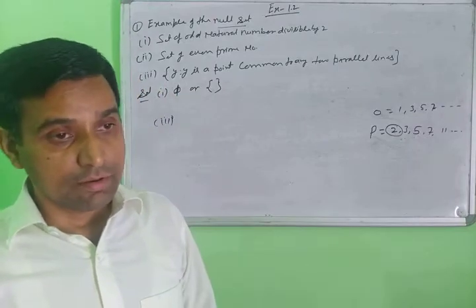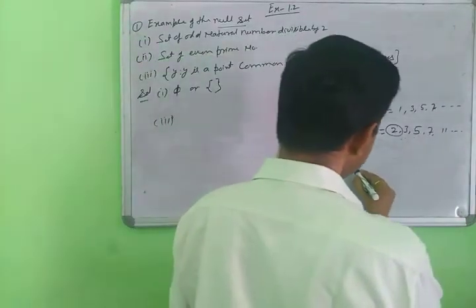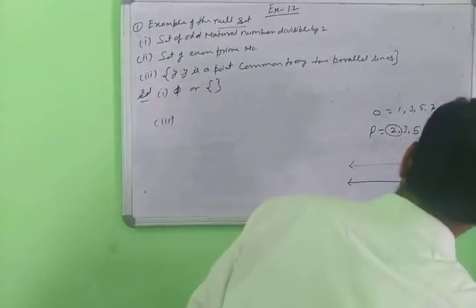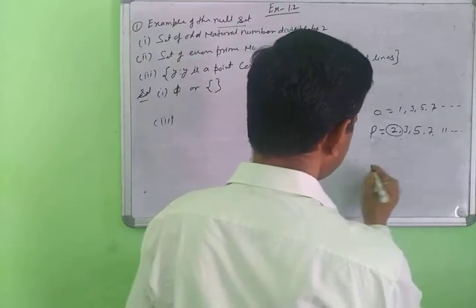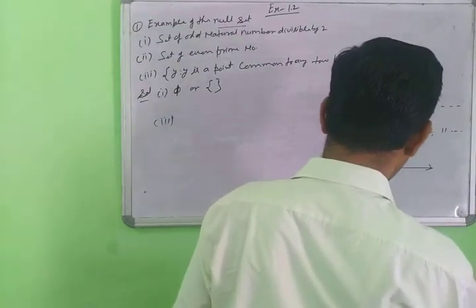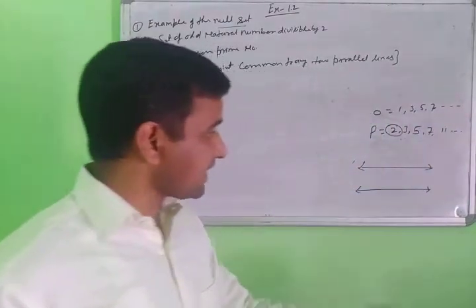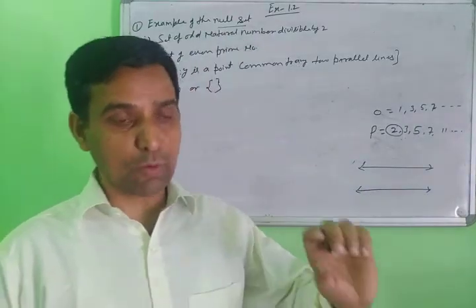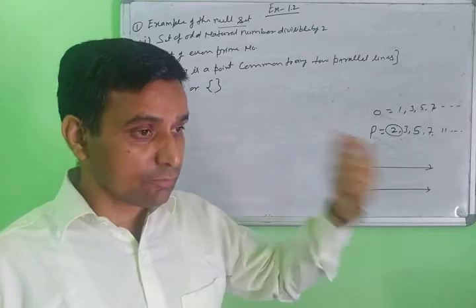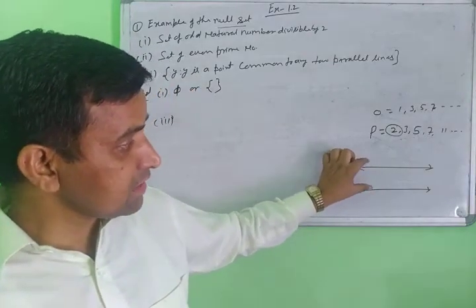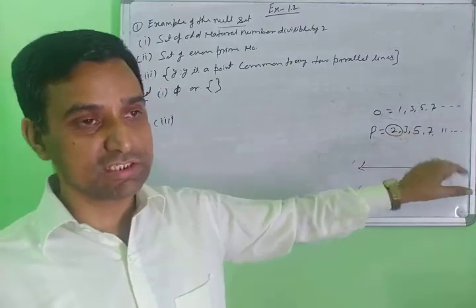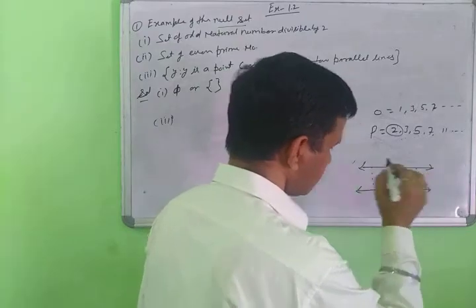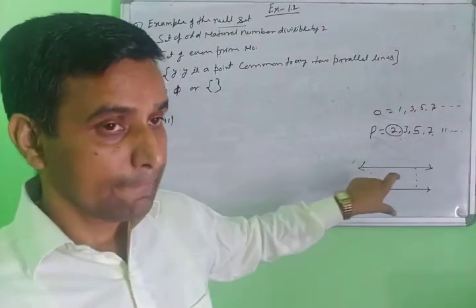You know, by the definition of parallel lines, those are the lines that do not meet at any point. The second way: those lines having equal distance at each point are called parallel lines. That means the distance between them is equal at each and every point. So these are called parallel lines.